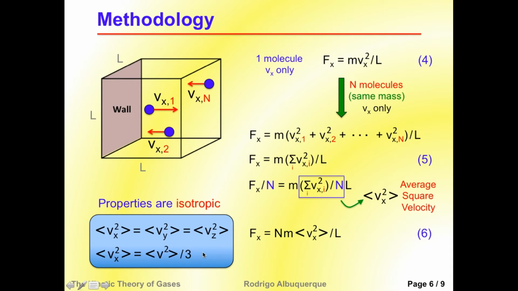This is straightforward to show. And then we can substitute Vx in this expression, equation 6, by this expression here. So now we don't have the x component of the force, but we have the total force, related to the average velocity of all particles, of all molecules.